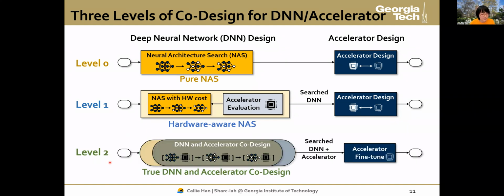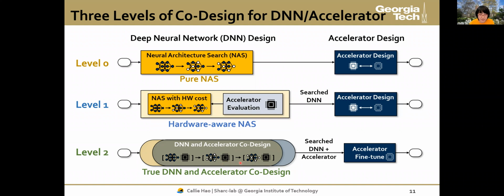Then we have this level 2, a smarter way, where we want to achieve a true DNN and accelerator co-design. And how is it different? Now here we see this DNN search and this evaluation of the architecture search are merged into the same design space. They're combined together. We have a DNN, we have an accelerator, we search them, we combine them together. During the search, the DNN is changing and we also change the accelerator.